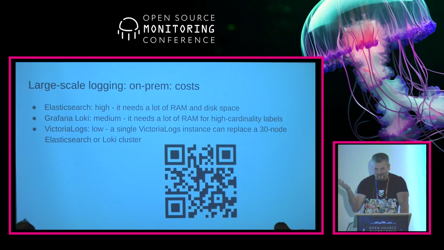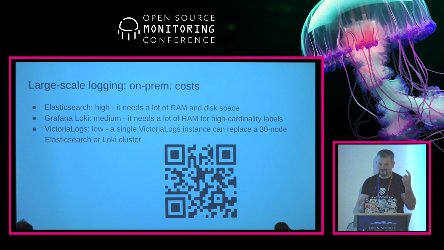And VictoriaLogs costs are low because it is very optimized for data compression. It compresses data 30 times better than Elasticsearch or Grafana Loki, for instance, and it uses much lower amounts of memory than Elasticsearch and Loki.